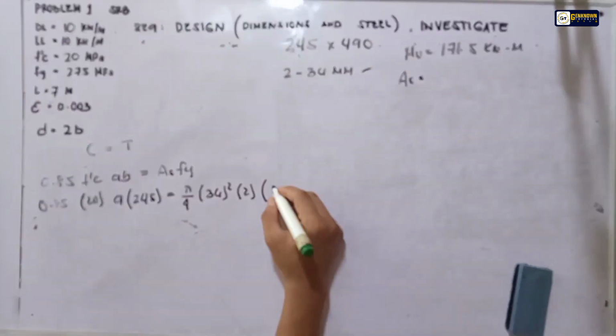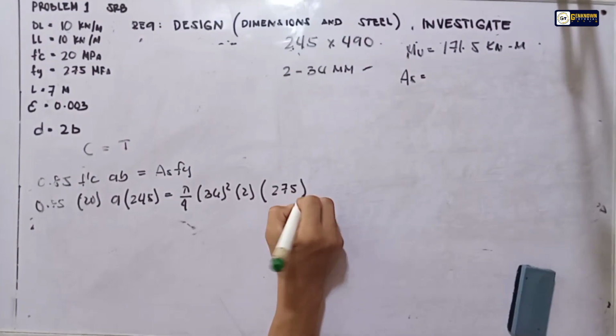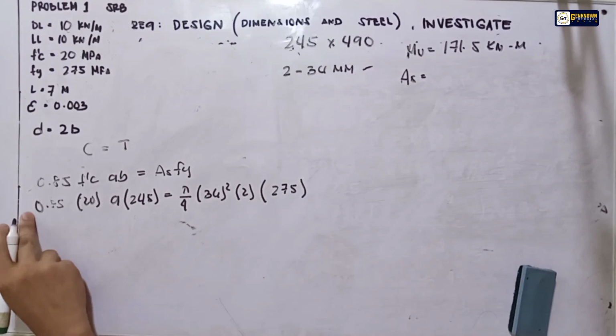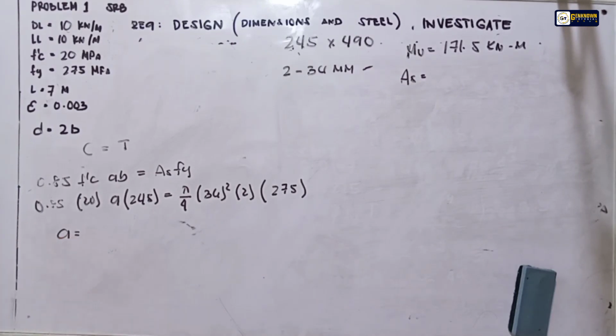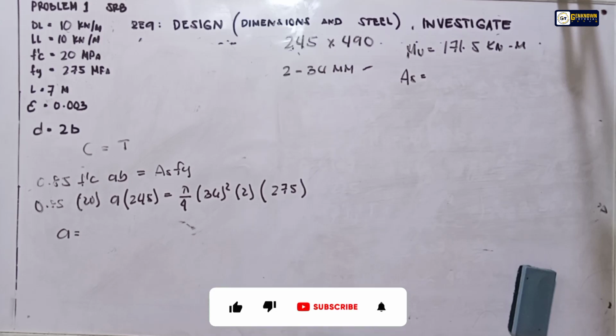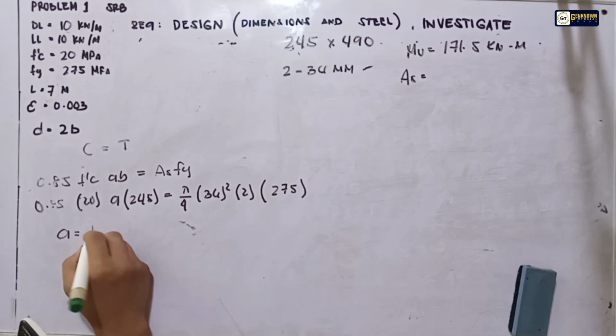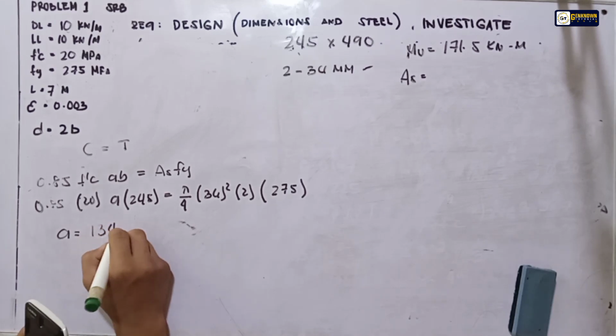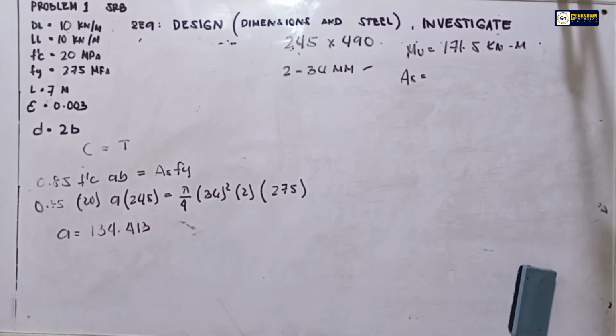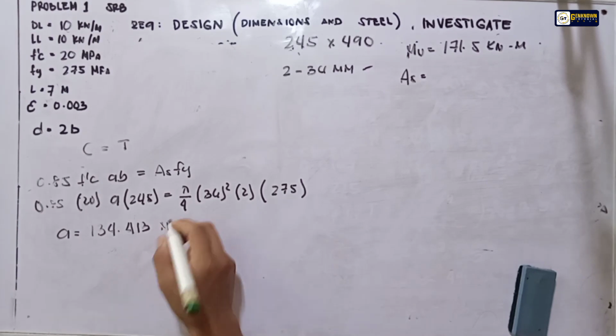Fy is equal to 275. Solving for a, ang a natin ngayon is equal to pi over 4 multiplied by 36 squared multiplied by 2 multiplied by 275 over 0.85 multiplied by 20 times 245. So, ang a natin is 134.413 mm.